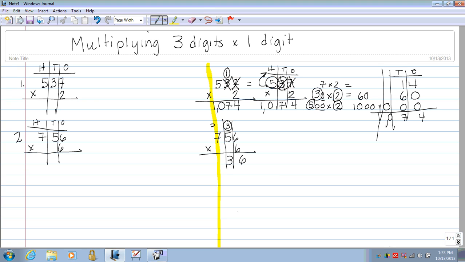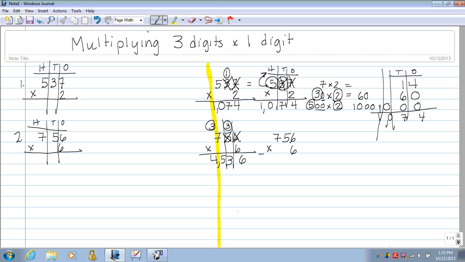I write my 3, I regroup this 3. I'm going to cross these out because we already multiplied by them. Now, 7 times 6 is 42. 42 plus 3 is 45. So the product is 4,536.